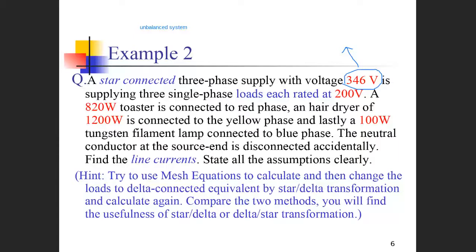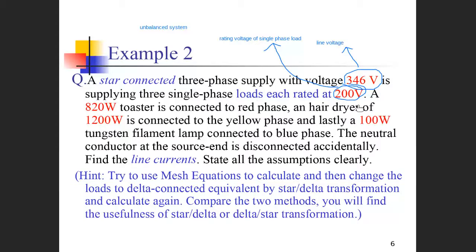So here, 200 volts. Do not confuse it with the rating voltage of the single phase load.